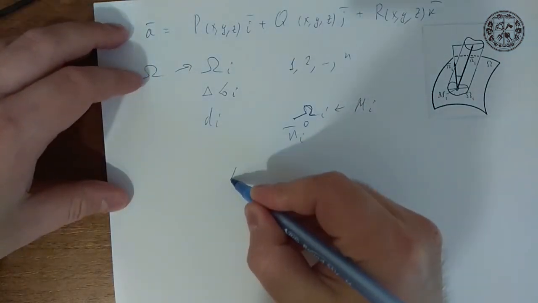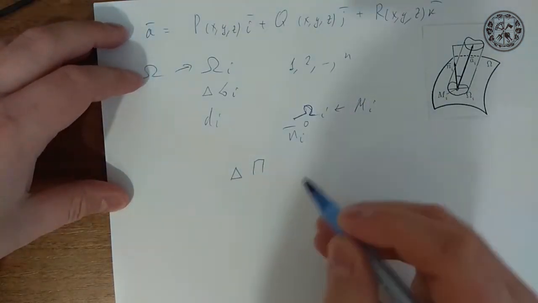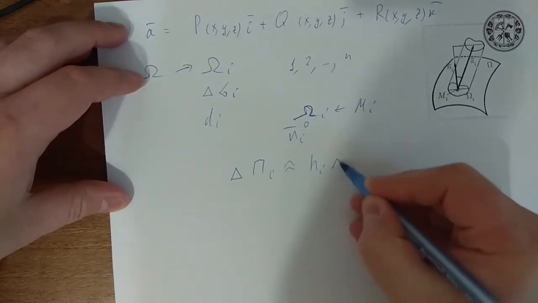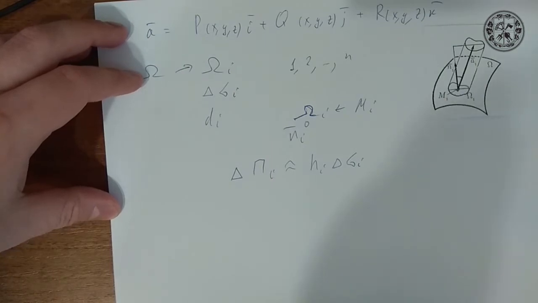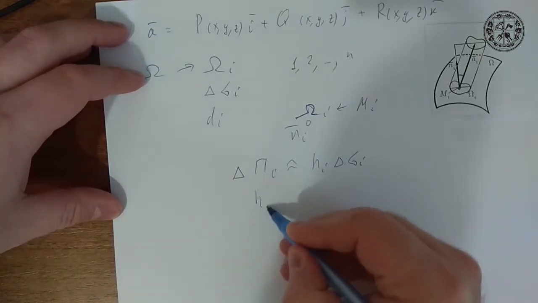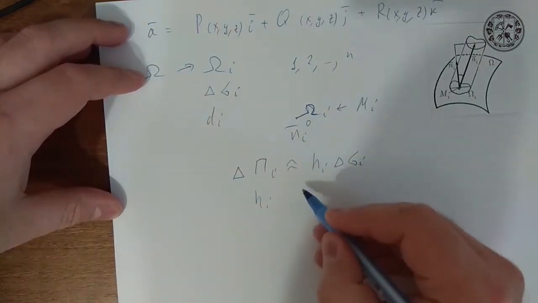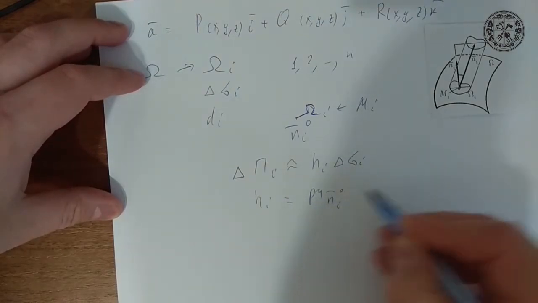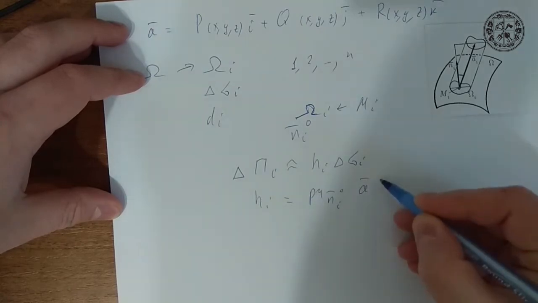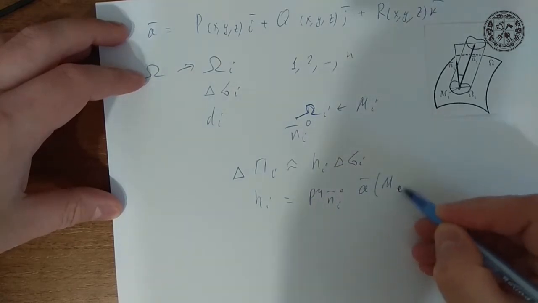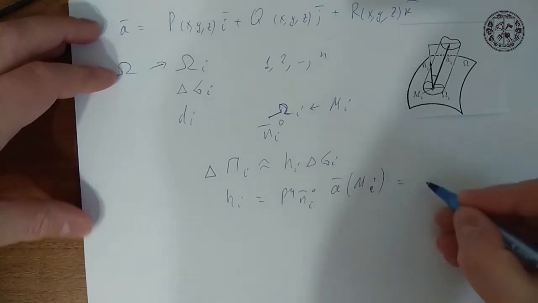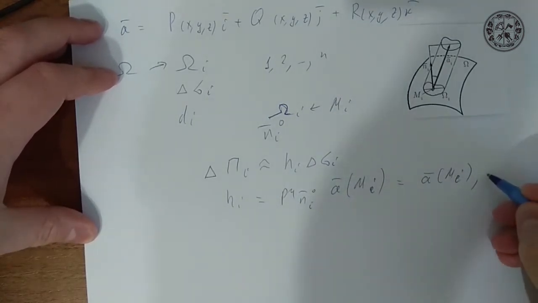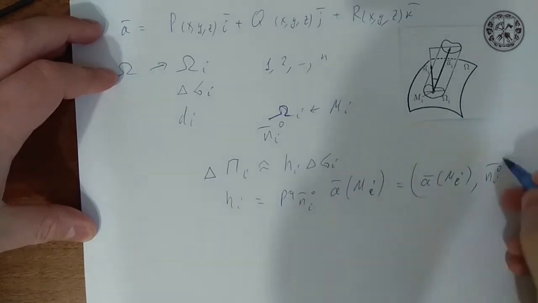Then the volume of one cylinder, delta Pi, will be approximately H i delta sigma i. But H i, the height of the cylinder, is a projection on n i0 of vector A at point M i, which is the same as A of M i multiplied scalarly by n i0.